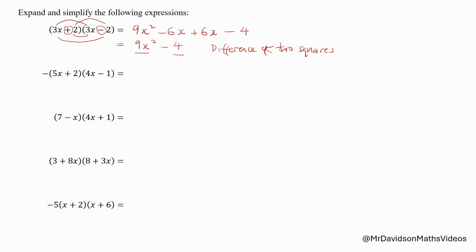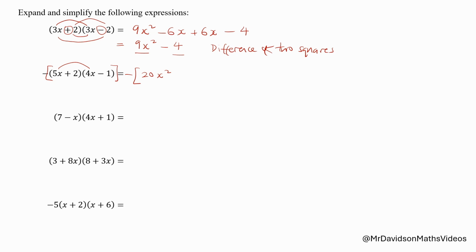The second example has got double brackets, but we have a negative in front of them. So what I'm going to do is use a square bracket outside this whole thing. I'm going to expand everything inside the square bracket, and then make it negative, so multiply everything inside it by minus 1. So expanding, 5x times 4x is 20x squared.